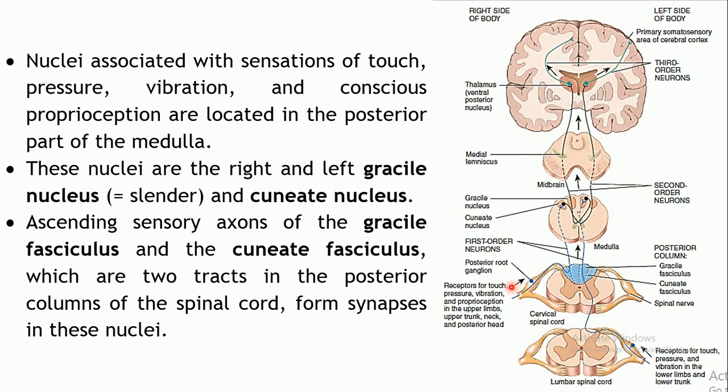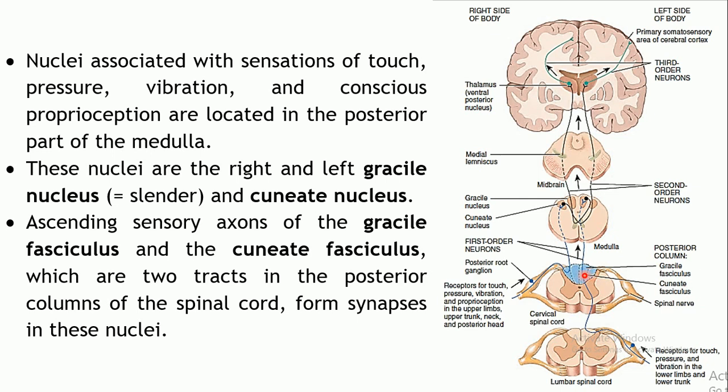Now do you all remember the posterior column, which contains the ascending tracts or the sensory tracts, and is a part of the spinal cord? It comprises these two fasciculi, right? Gracile fasciculus and cuneate fasciculus.